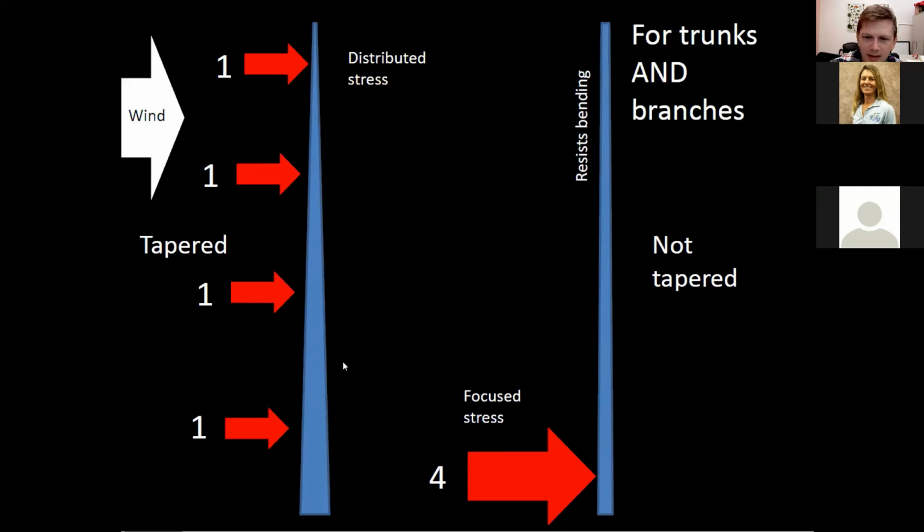This tree that has taper is able to distribute this force a little more uniformly through the entirety of the tree stem, whereas these trees that do not have taper, it's much more likely to be forced onto the base of it.